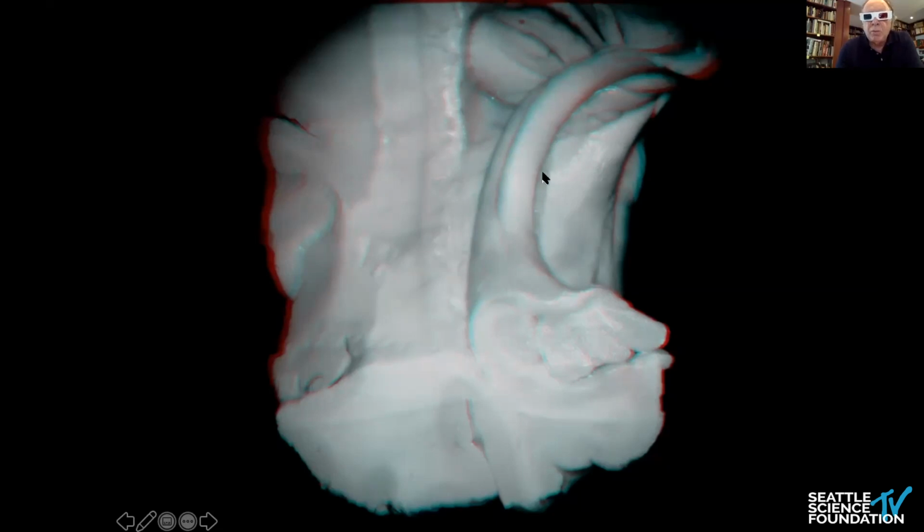Okay, so this is the hippocampal sulcus that separates the whole hippocampus again, which is the Ammon's horn and the dentate nucleus, from the subiculum. While the hippocampus is archicortex, the subiculum is already paleocortex. It's a newer cortex.